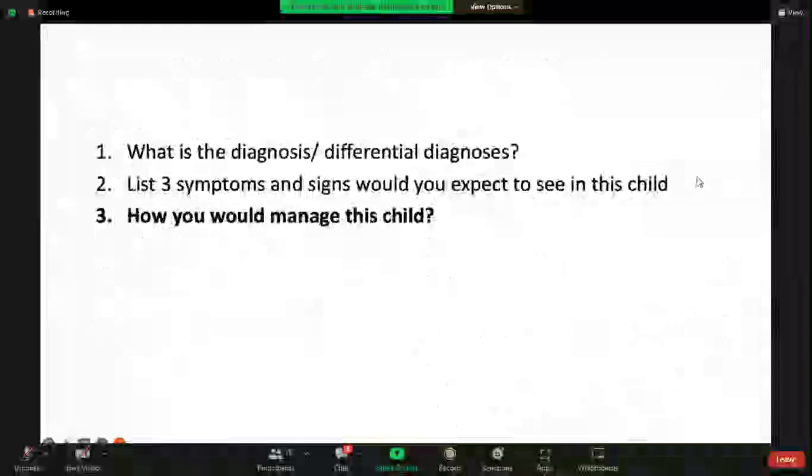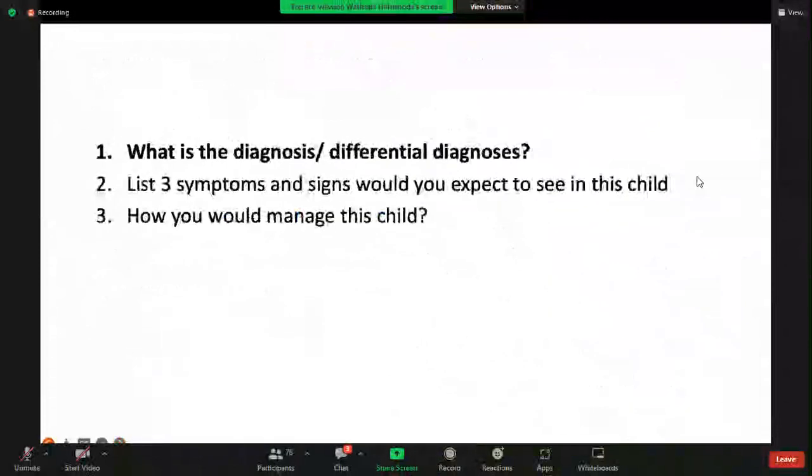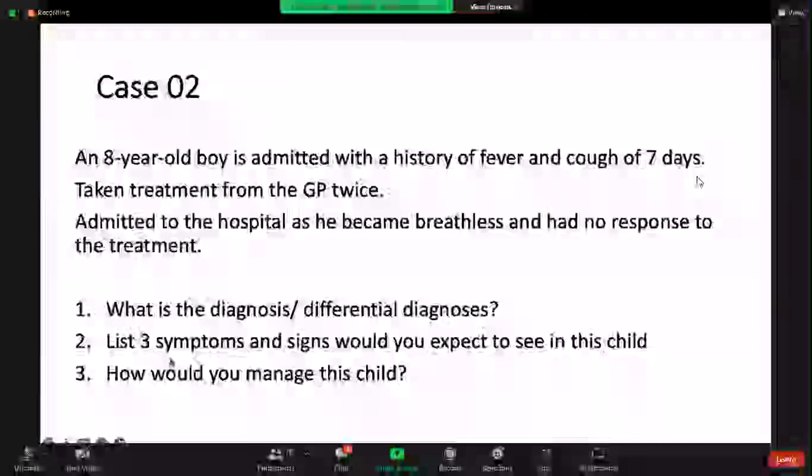Right, okay. So then, how would you manage? So this is your case scenario. How would you manage this child? Again, list out the steps in the management.